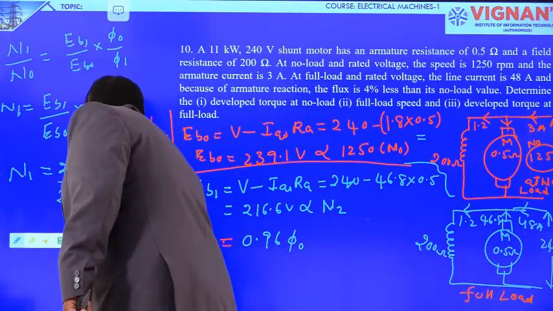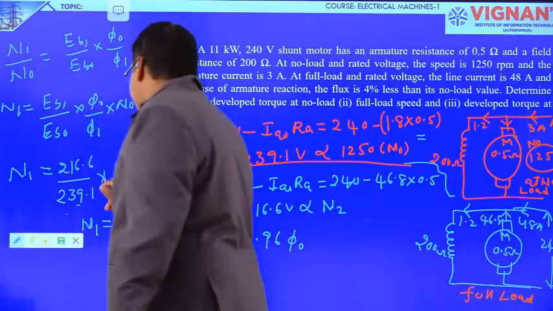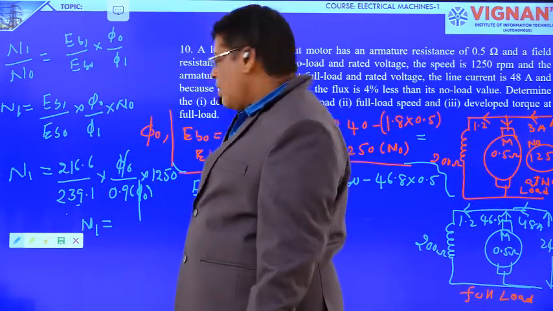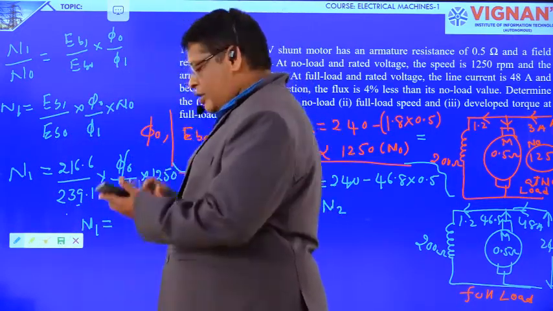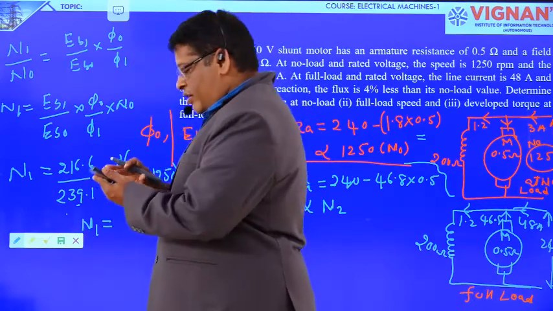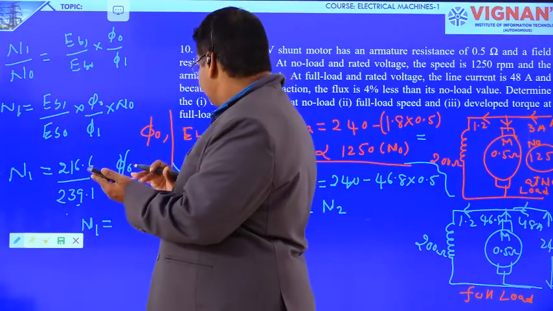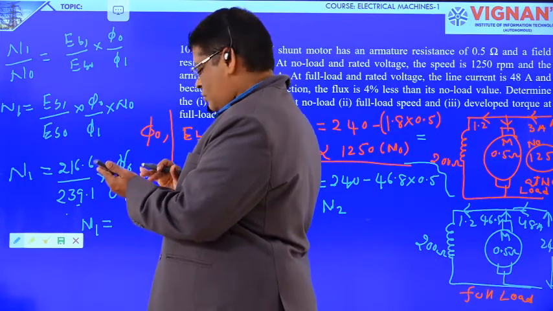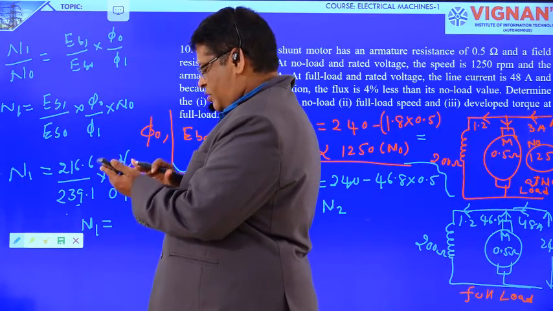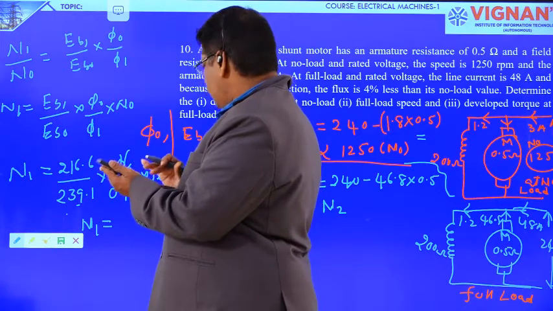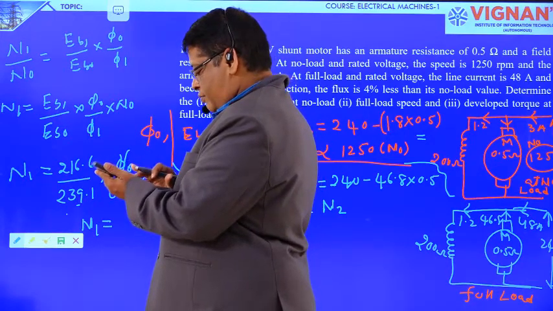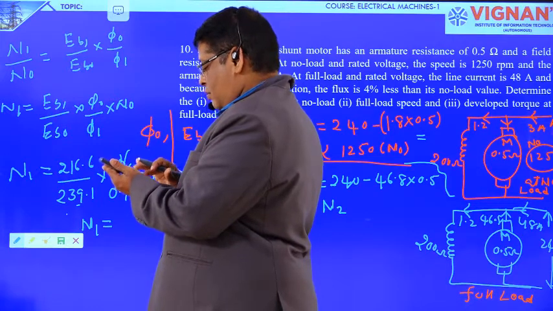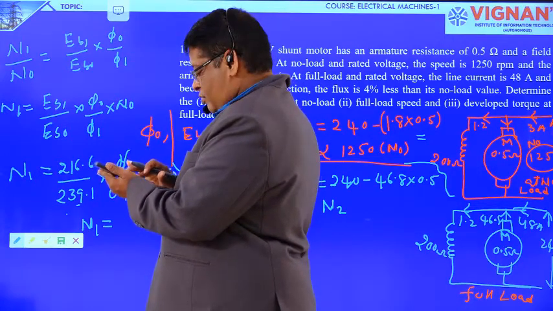Now the speed of the motor at full load, if we simplify, equals 1250 into 216.6 divided by 239.1 divided by 0.96.